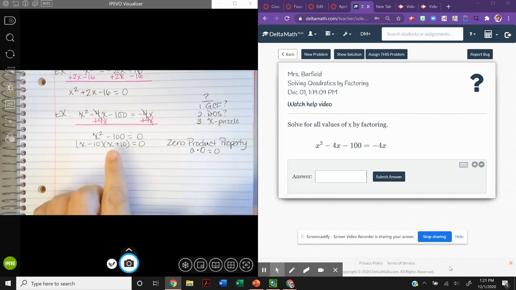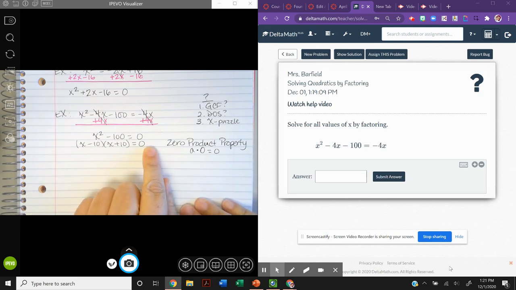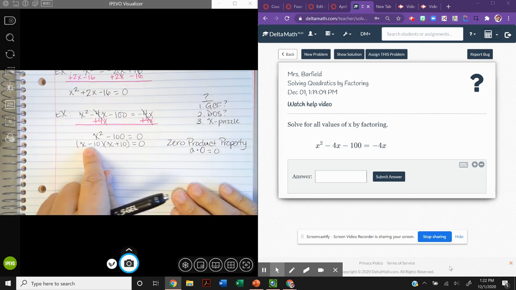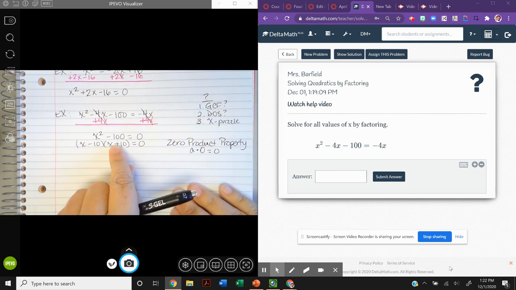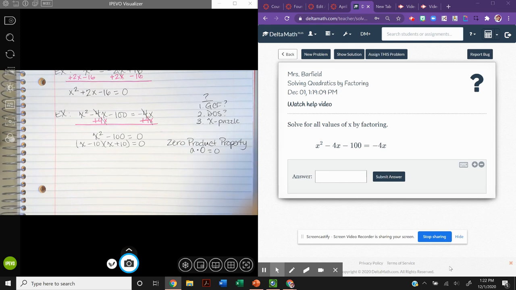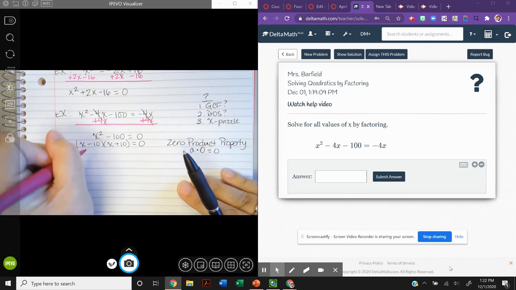Which means if one of these equals 0, my final answer will be 0. If both of them equal 0, it'll be 0. So I need to figure out what values of x will make this parentheses 0 and this parentheses 0. You're only going to have to see me do this one time, and then you can use the shortcut.